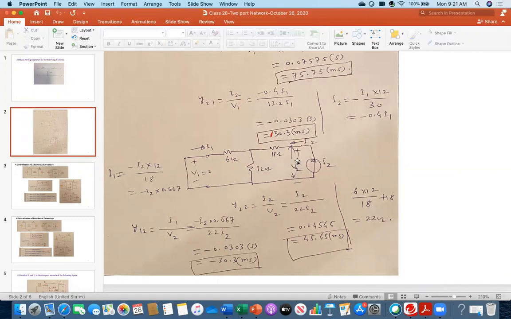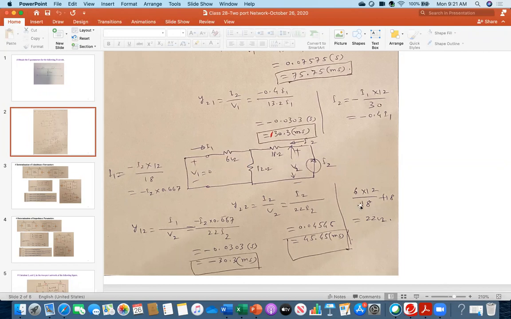What is V2? V2 is from here to here, between these 2 points. So I2 multiplied by this equivalent impedance, this whole portion. Likewise in the previous case, because this point is shorted, 6 ohm is in parallel with 12 ohm, and then 18 ohm is in series.